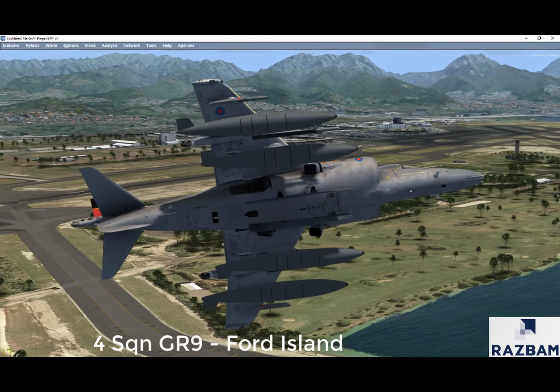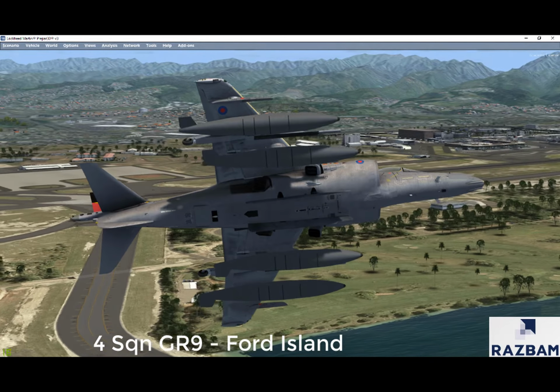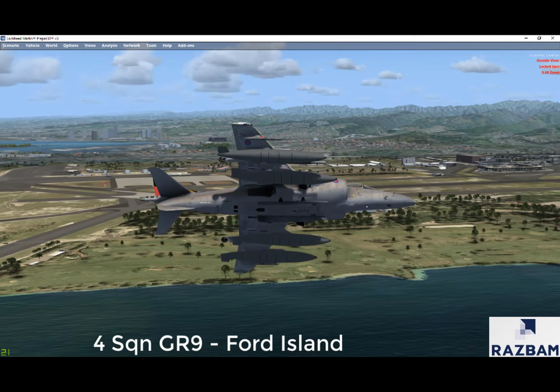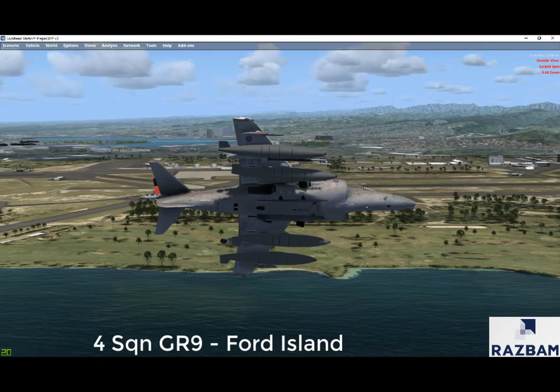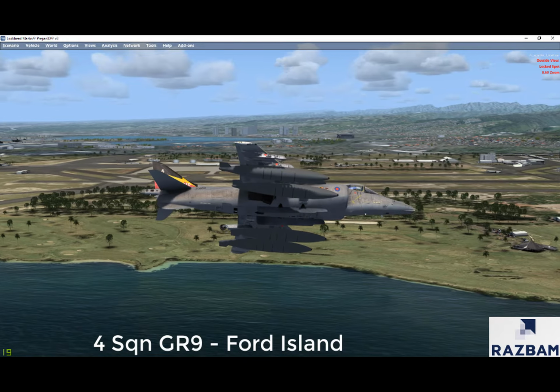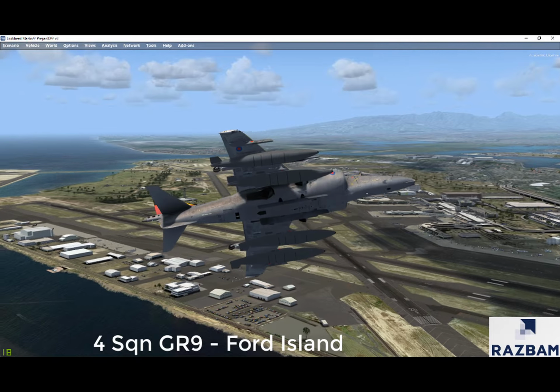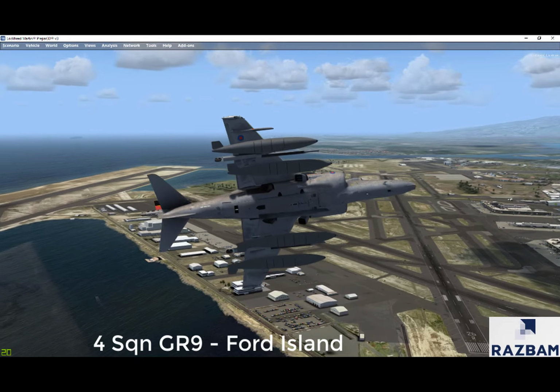In the long term, several operators have announced their intention to supplement or replace their Harrier fleets with the STOVL variant of the F-35 Lightning II, designated as the F-35B.